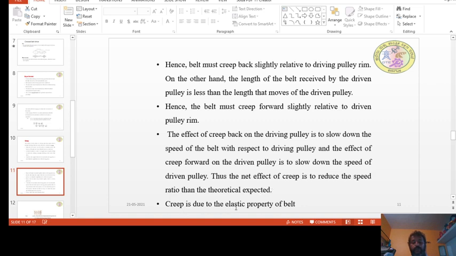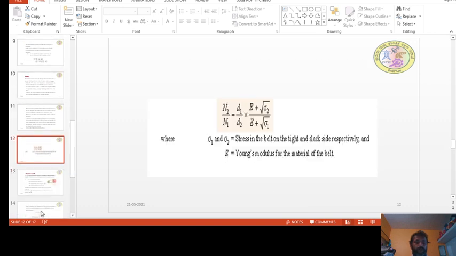Creep is due to the elastic property of the belt. So creep also results in reduction of the ratio.